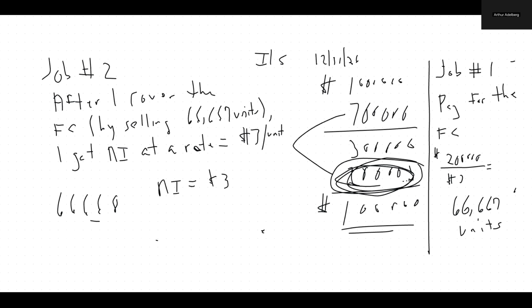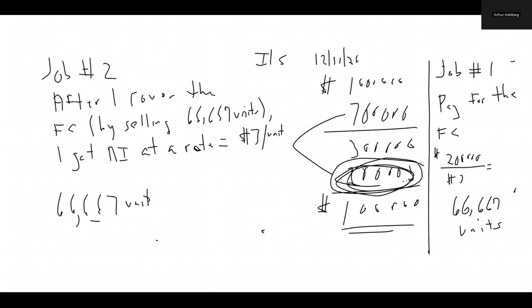If I sell 2 units more, I will have net income of $6. What I'm trying to say is every time you sell a unit above 66,667 units, you'll get net income at a rate equal to $3 per unit.